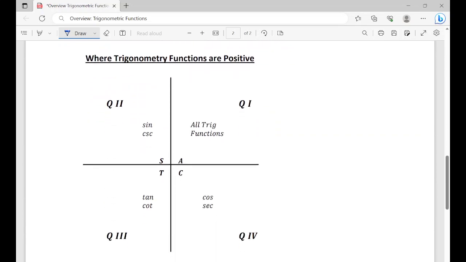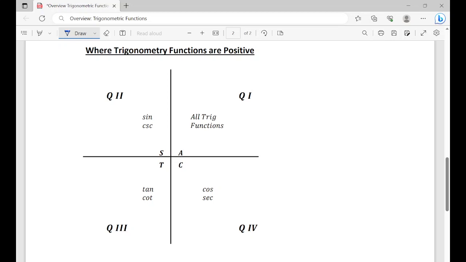Now, where are these trig values positive and negative? Well, it's easier to know where they're positive than where they're negative, and you can extrapolate from there that if they're not positive, by default they have to be negative. So let's go around the quadrants. Starting here at quadrant 1, all trig functions are positive. In quadrant 2, only sine and cosecant are positive.